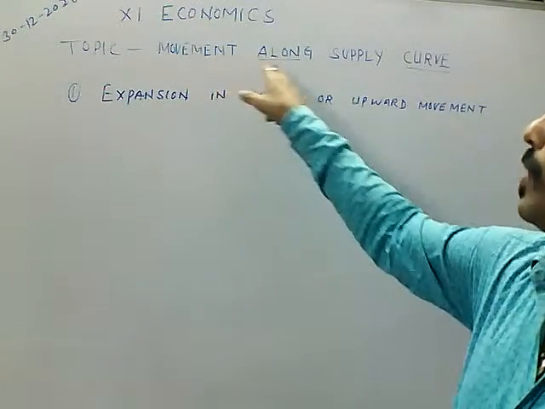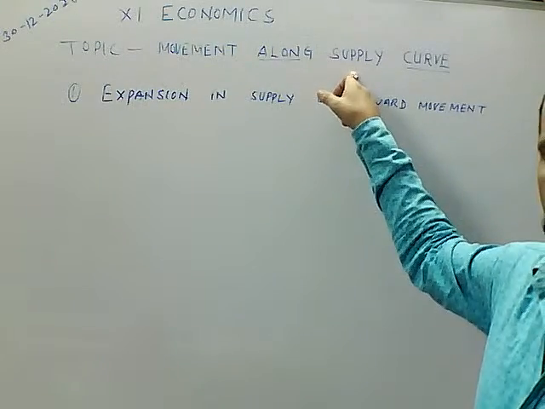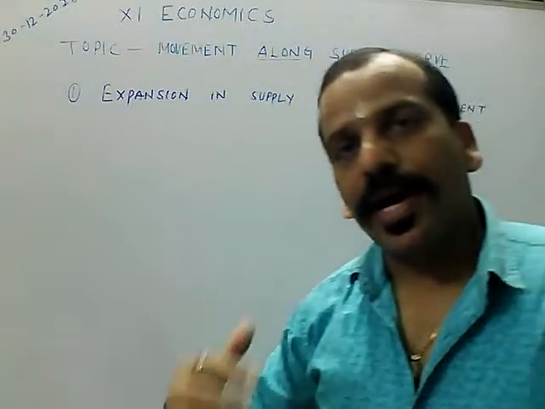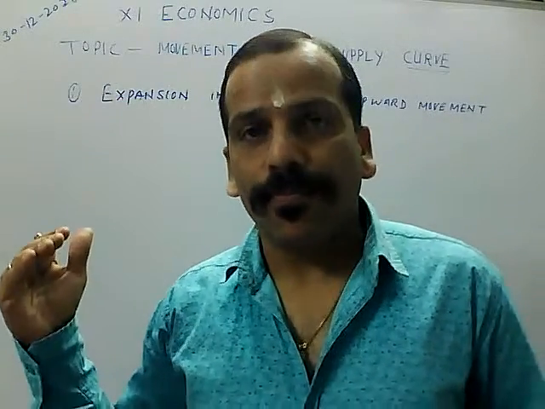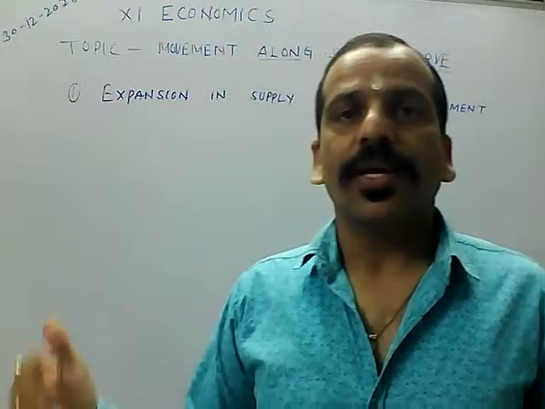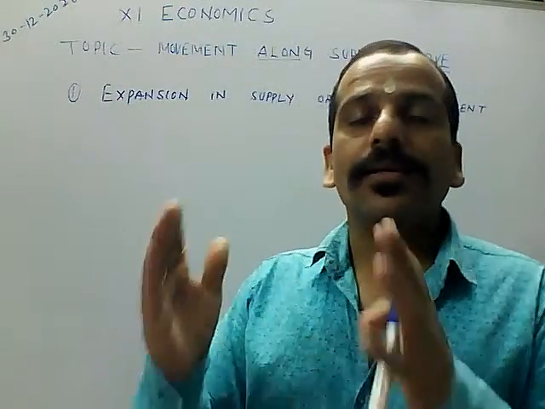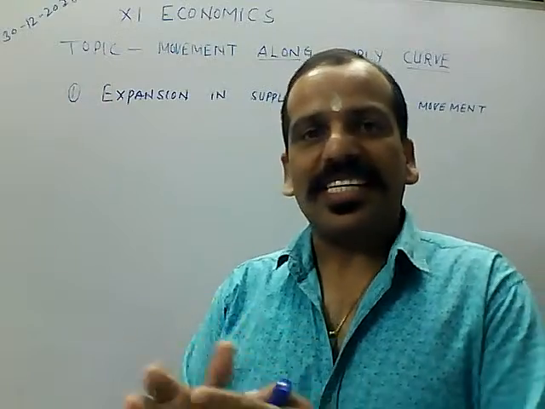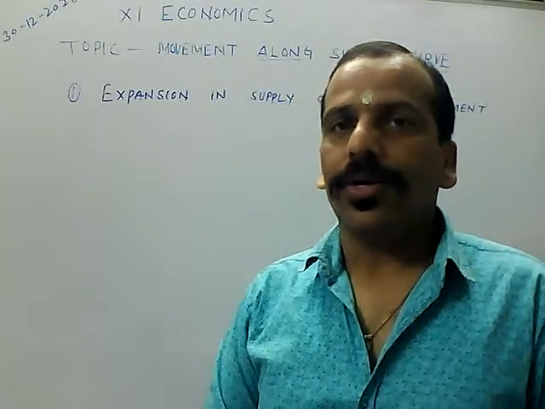In case of movement along the supply curve, the quantity supplied of a commodity changes with the change in its price, and other things remain constant, ceteris paribus.